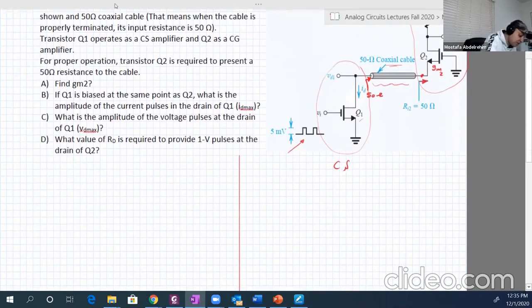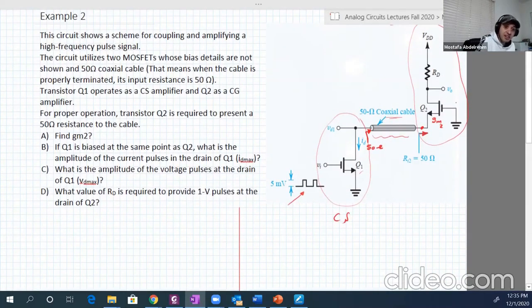Okay, so let's do that. Let's draw the equivalent circuit of the common gate alone, without the coaxial cable or the first stage. It will be something like this. You have here gm vgs.